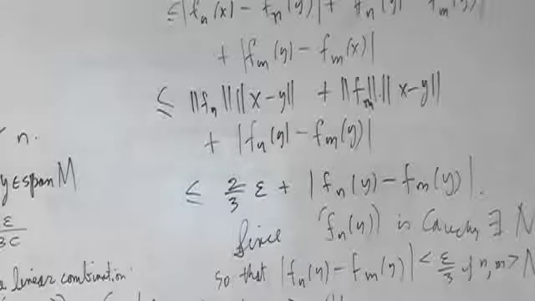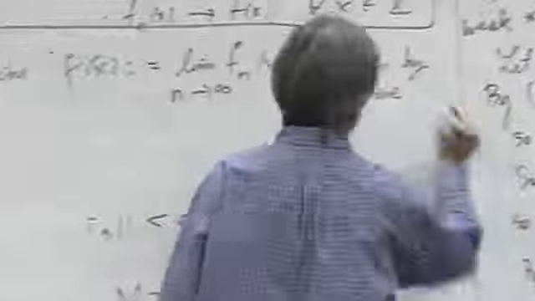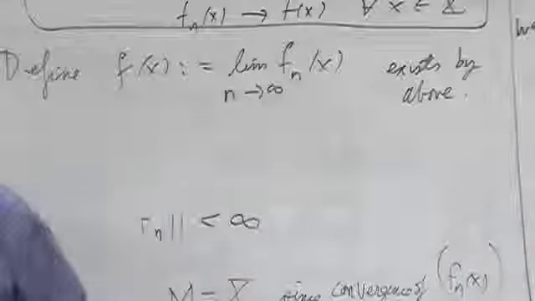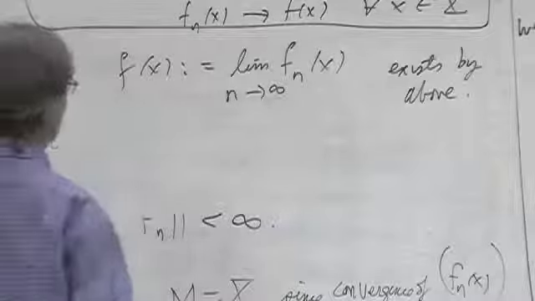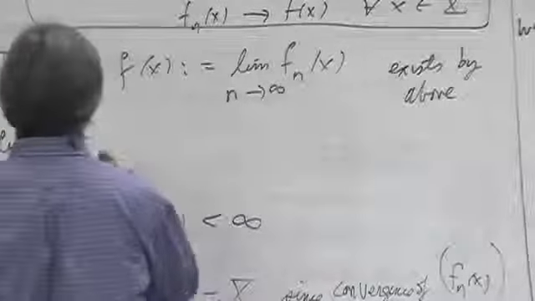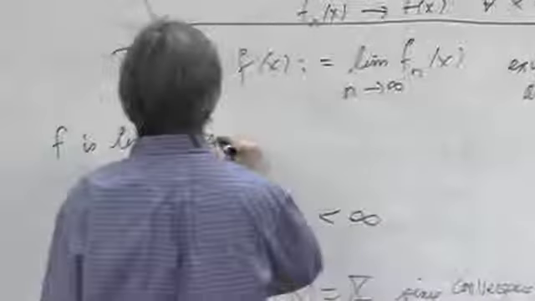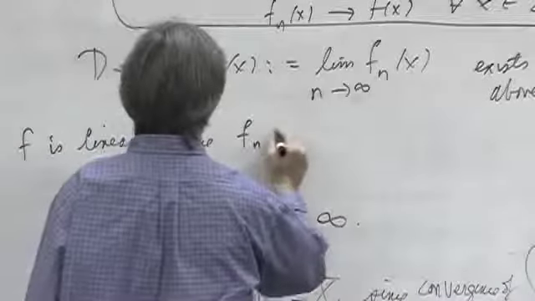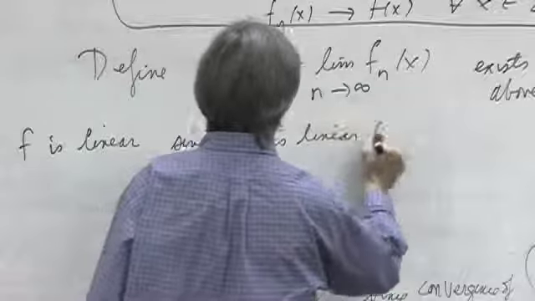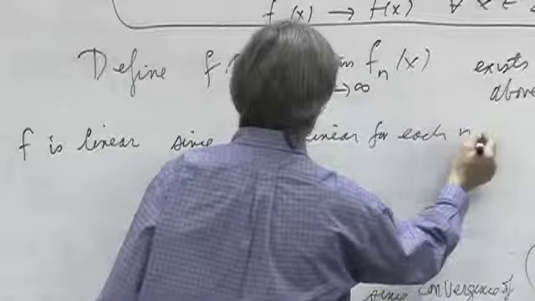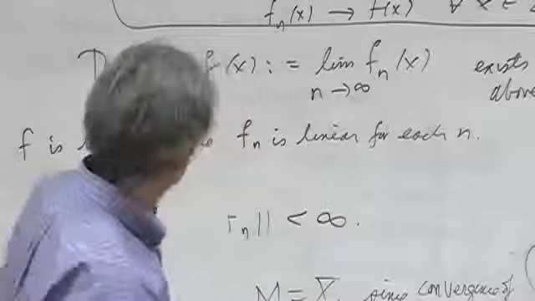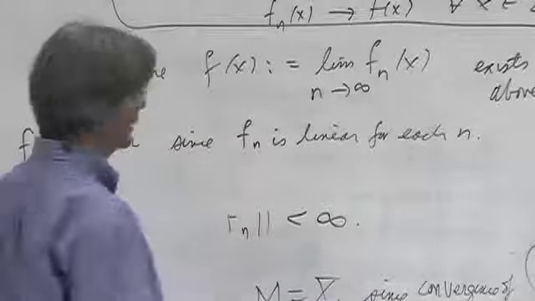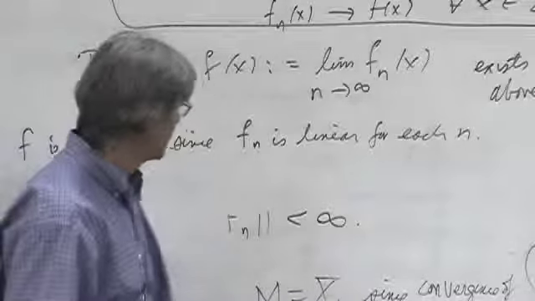It exists by the above. And F is linear, since Fn is linear for each n. You're going to use the limit theorems: Fn of x plus y equals Fn of x plus Fn of y, which in the limit gives f of x plus y equals f of x plus f of y. So it's just the limit theorem.